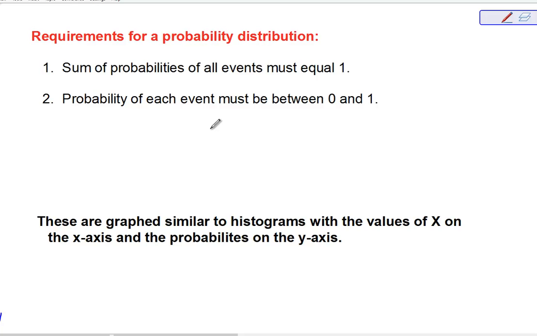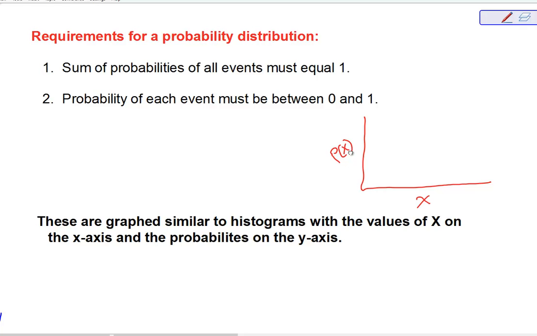Once we've made the table, we can graph these just like we do for a histogram. The values will go along the x-axis and the probabilities will go along the y-axis. So in other words, we will have our x values down here and our probabilities of x along the y-axis, along our vertical axis. And we draw a histogram with them.